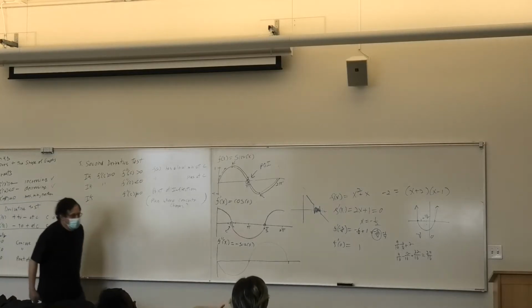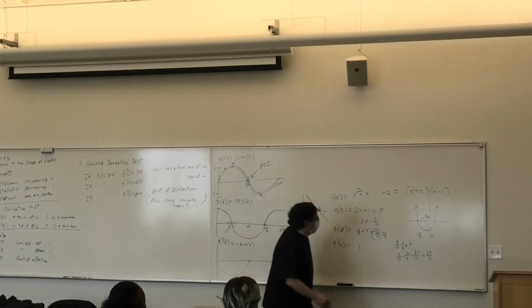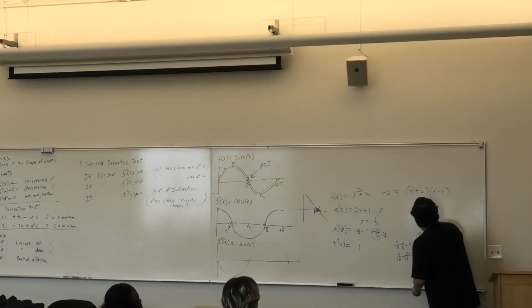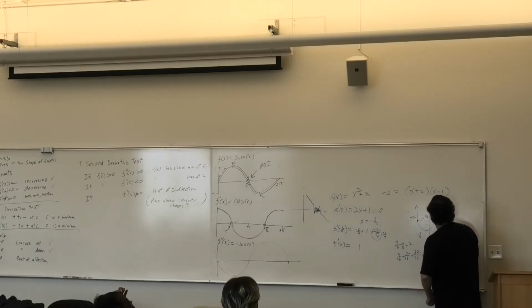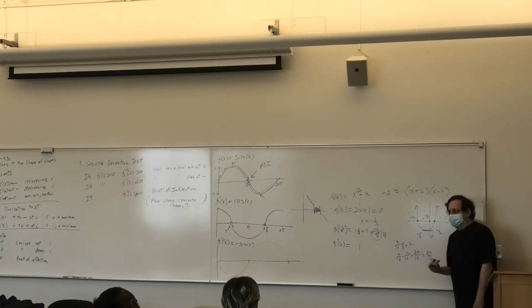Yes? I might have missed this, but where did you get the -3/4 from? Okay, the roots are at -2 and 1, and the derivative is 0 at -1/2. So I just arbitrarily picked 2 points between here. I mean, 0 is always a nice one, easy to plug in.